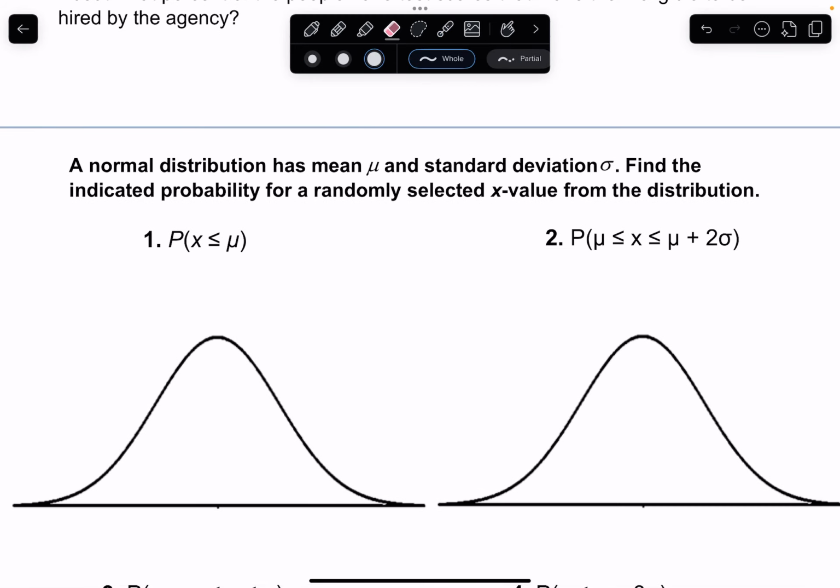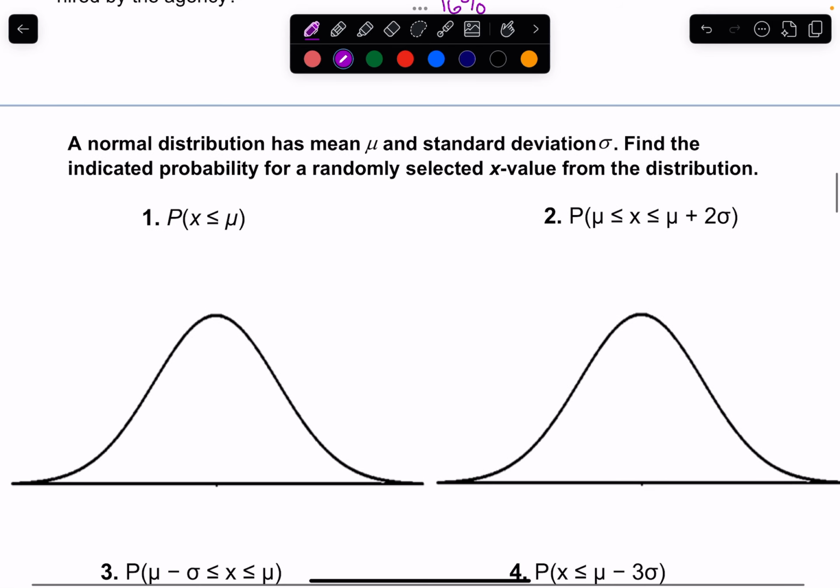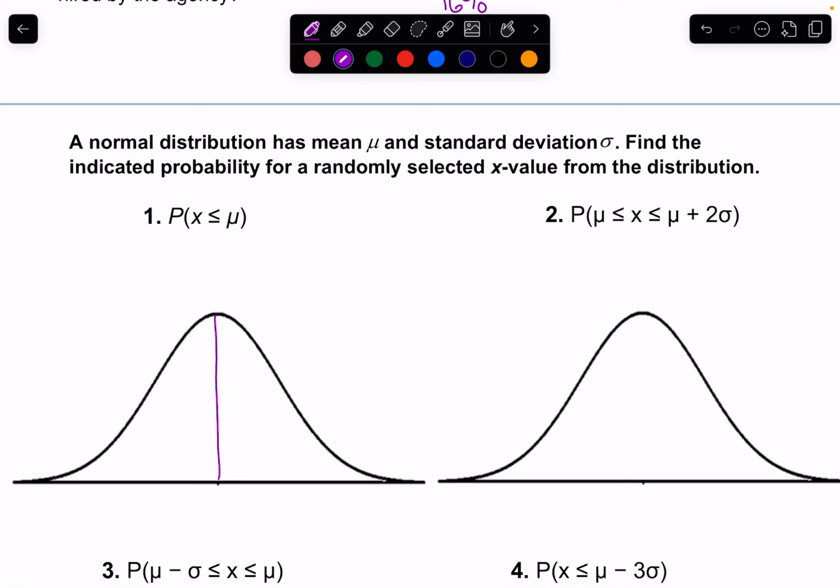So, using symbols, what is the probability that X is less than the average? Well, I know the average is right in the middle. Do we really need to add this one up? How much of the data is less than the average? It should be 50%, right? Because the average is right in the middle.